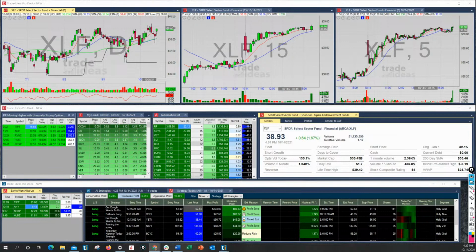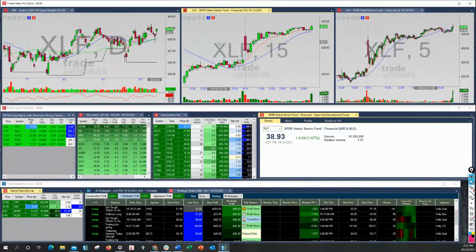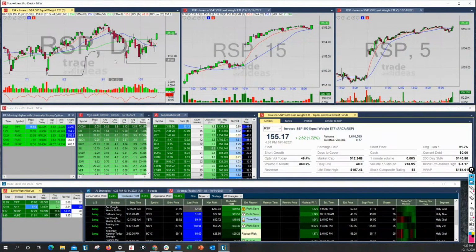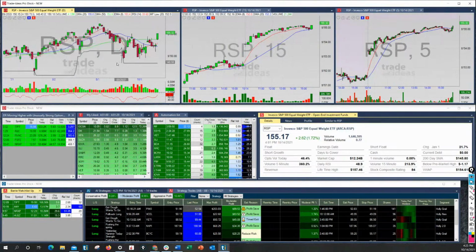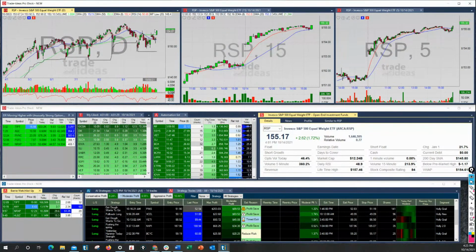And let's just tie it all back in. Let's look at the RSP. For those that don't know, the RSP is the S&P 500, but equally weighted. And a beautiful day on the RSP. Strong close. And I think this is kind of a big deal here.